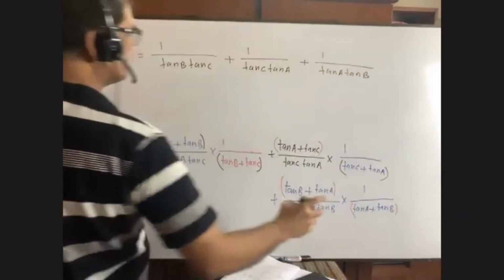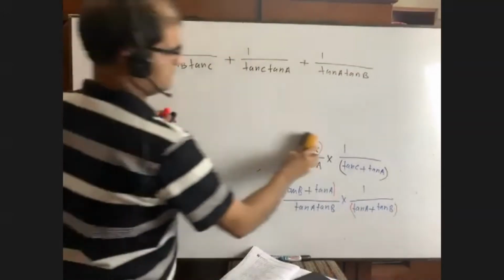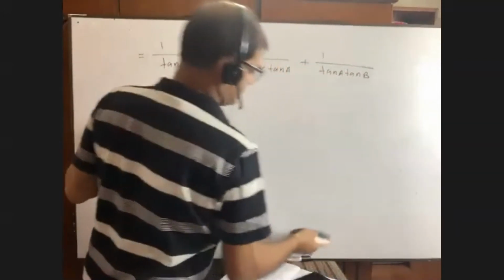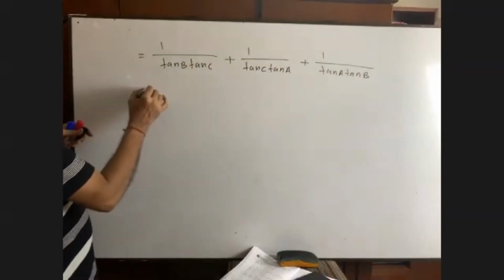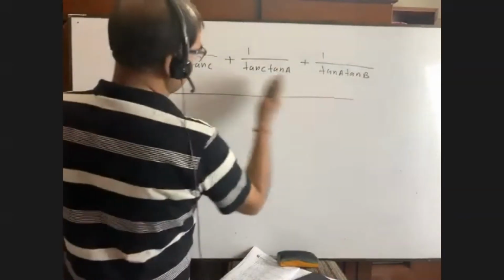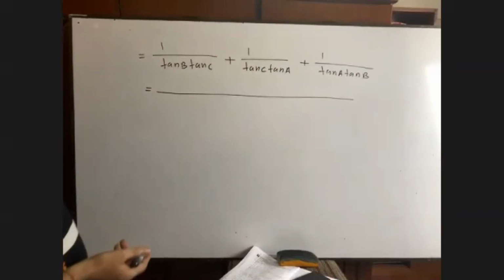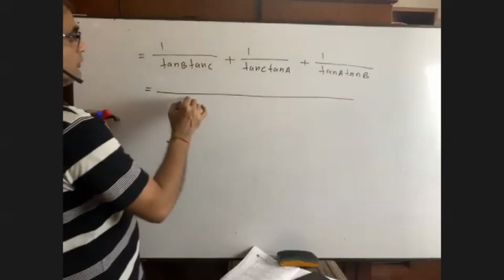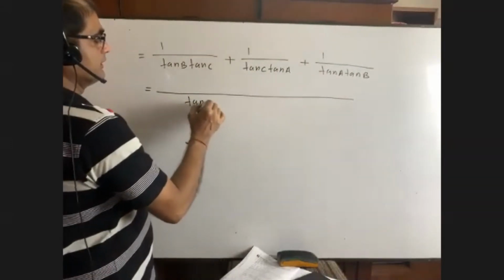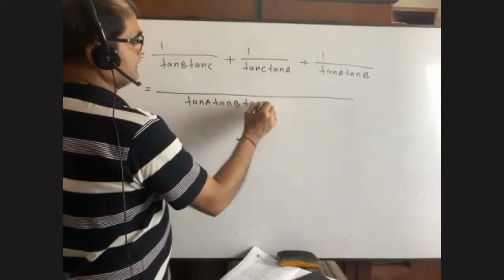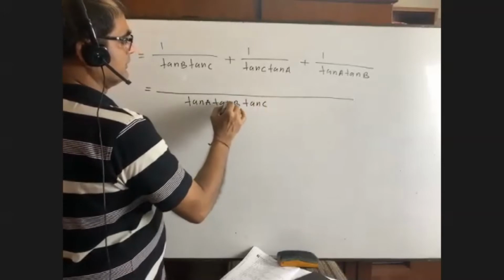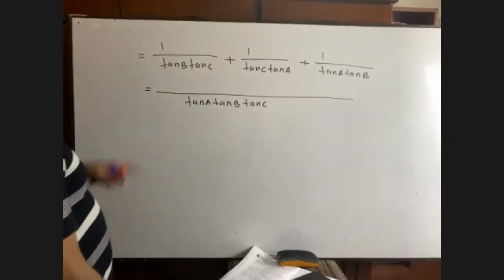Okay, yes, it is. I'll complete the math using tan only, no sine cosine. So you can also have the format of sine and cosine from here. So we are getting what?